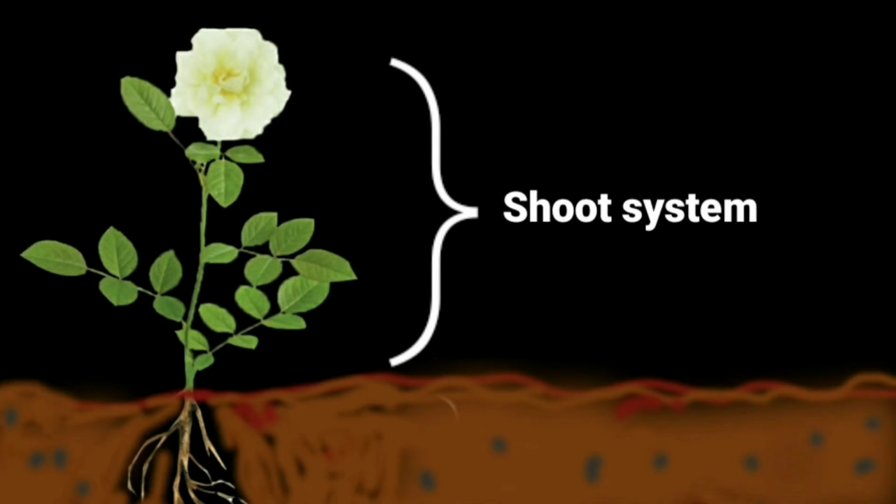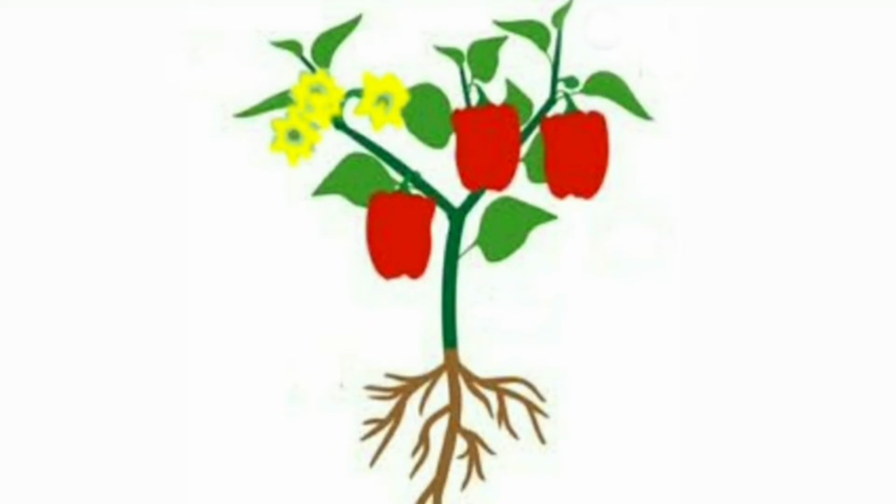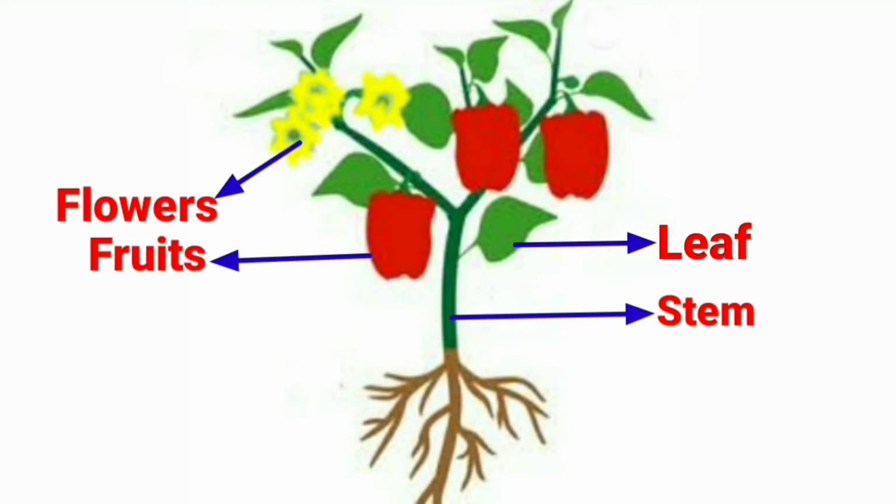The part of the plant which grows below the soil is called the root system of the plant. The shoot system has a stem, branches, leaves, buds, flowers, and fruits. The root system includes the roots. For the plant to grow and remain healthy, each of these parts has to carry out its function properly.